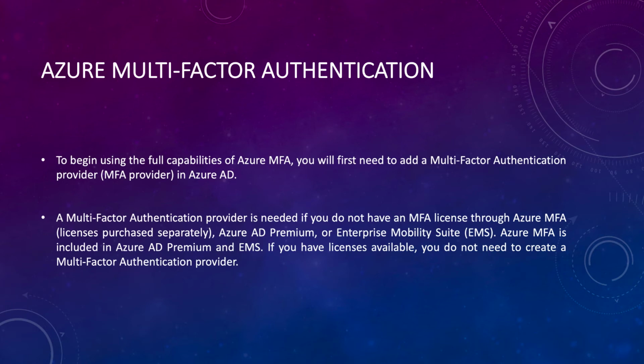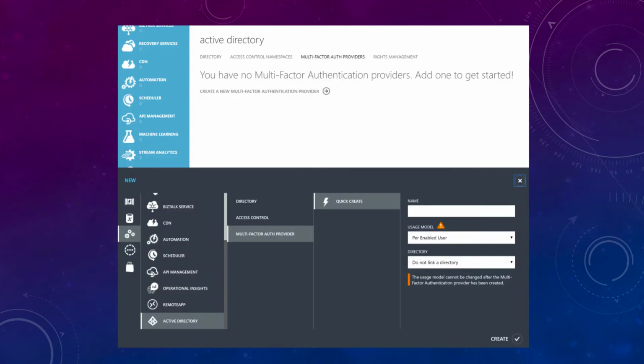From there, you click on the multi-factor authentication providers area, and if no providers exist, you are presented with an option to create one, as you can see over here. So again, you go to settings, you go to Active Directory, you go to multi-factor authentication providers, and then if there is none, simply create one and go from there.